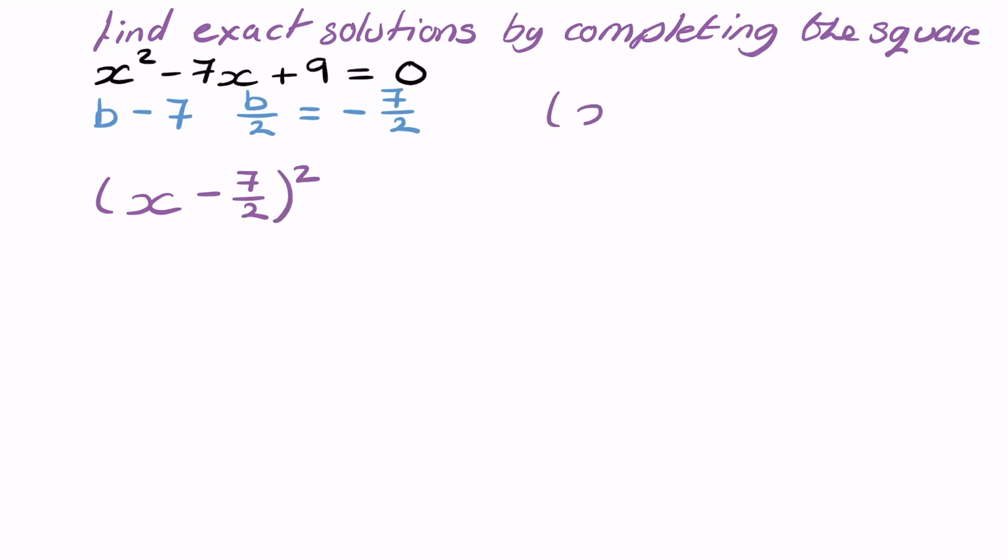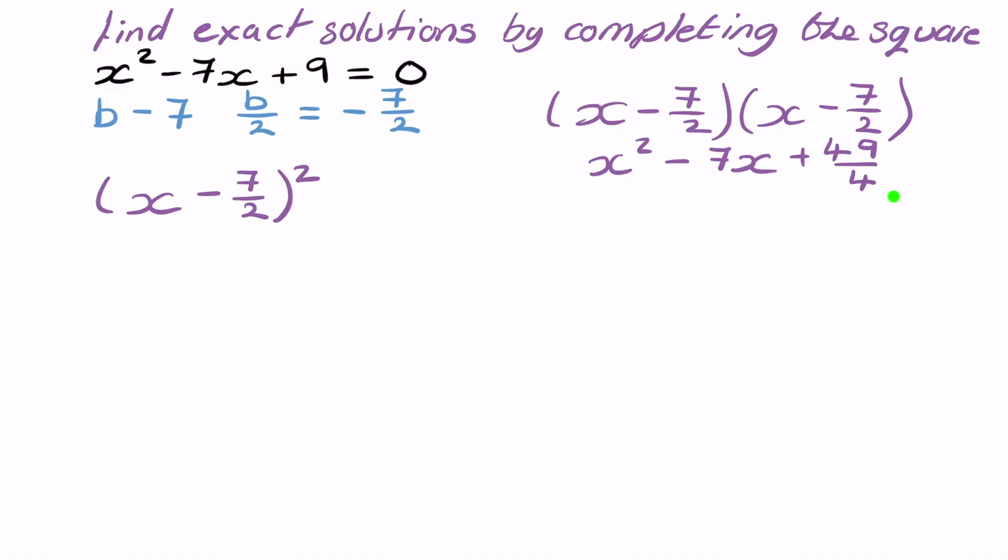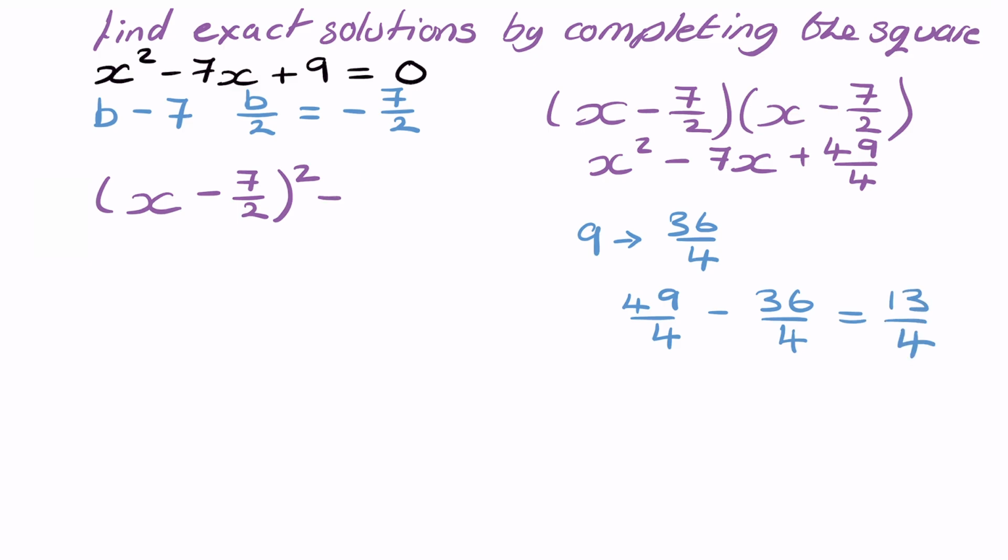Multiplying out that bracket gives us 49 over 4, and we wanted 9, which is actually 36 over 4. So we've got to subtract the difference, and 49 over 4 minus 36 over 4 gives us 13 over 4. Subtract 13 over 4, that will equal 0.